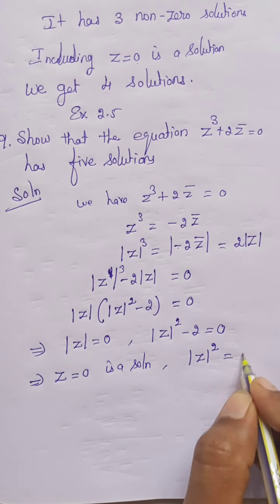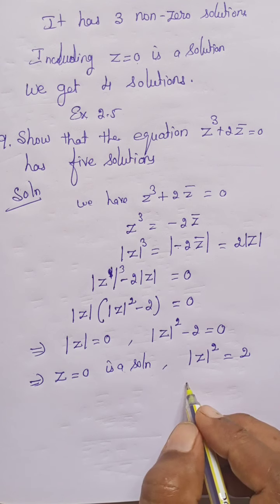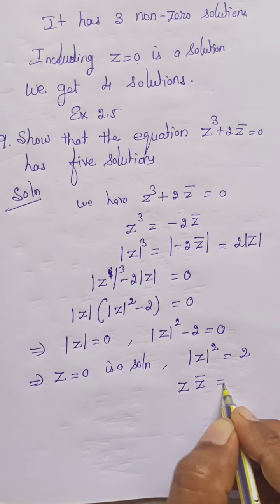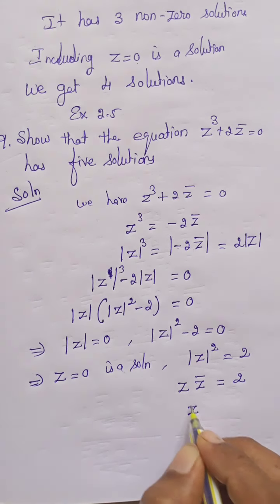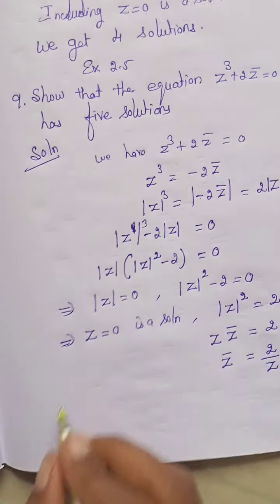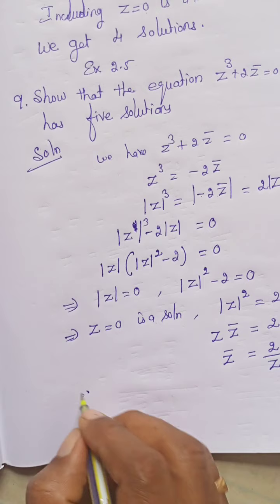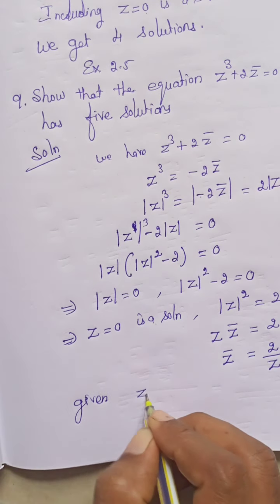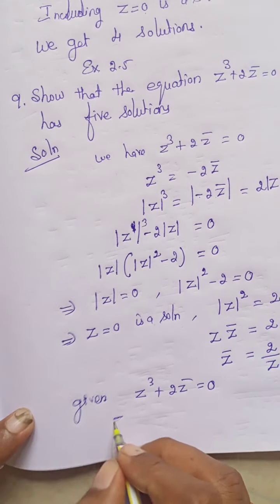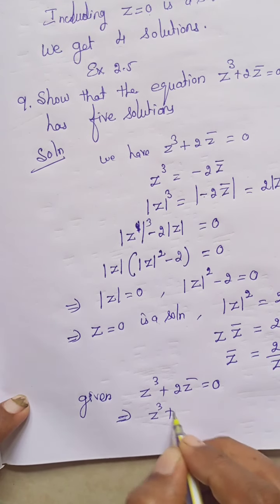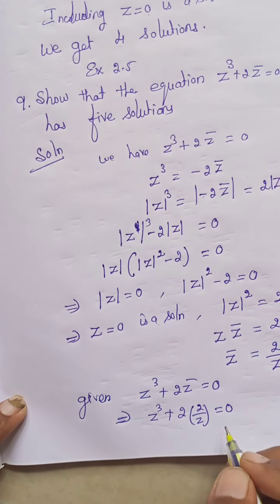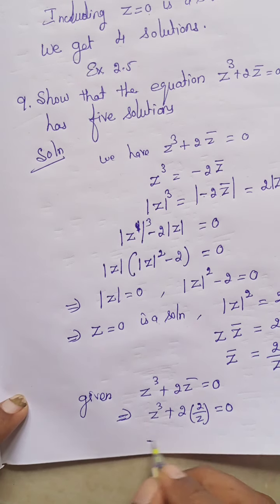Now modulus z the whole square is equal to 2. Isn't it? So modulus z the whole square equal to 2 means we can write z into z bar equal to 2. So z bar can be written as 2 by z. Now take the given condition, z cube plus 2 into z bar is equal to 0. So which implies z cube plus 2 into 2 by z is equal to 0. Take LCM.